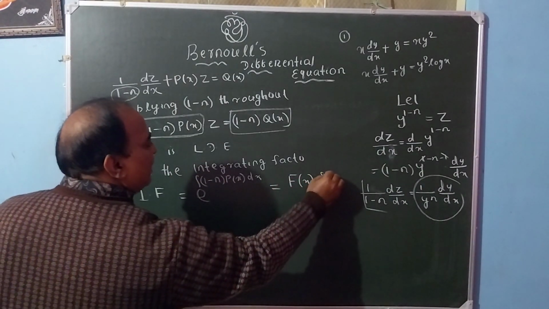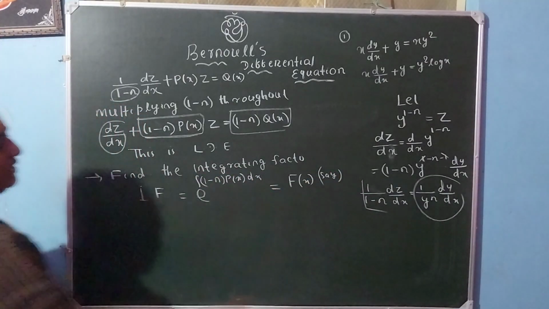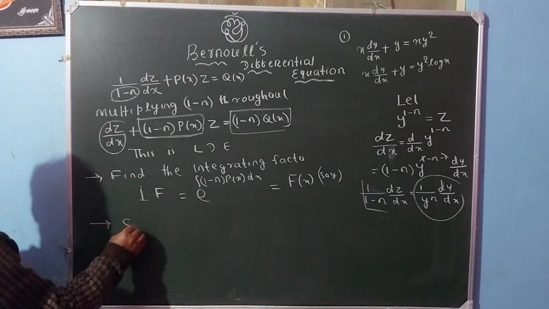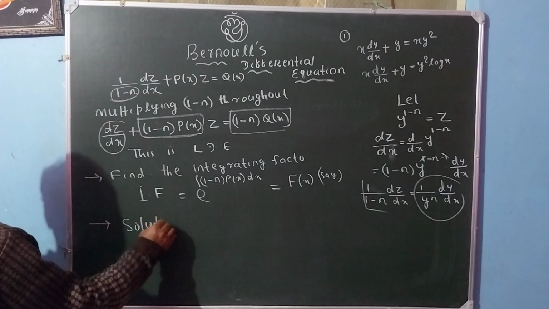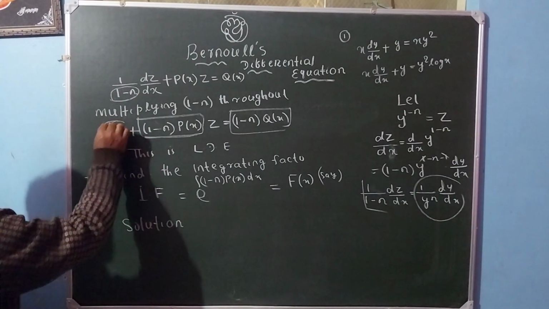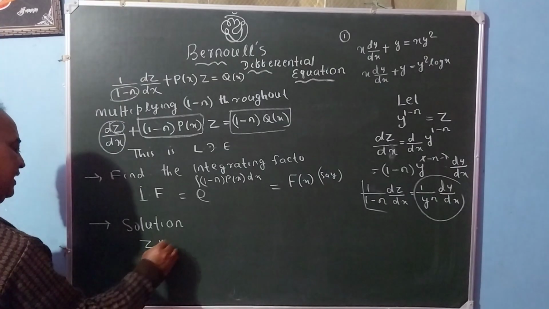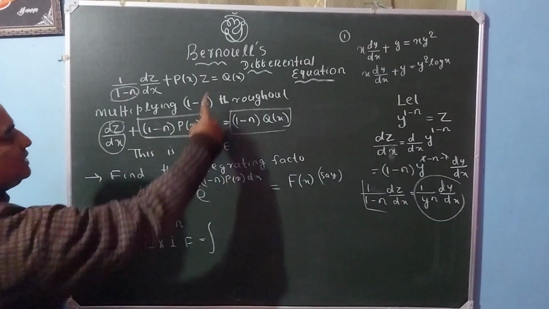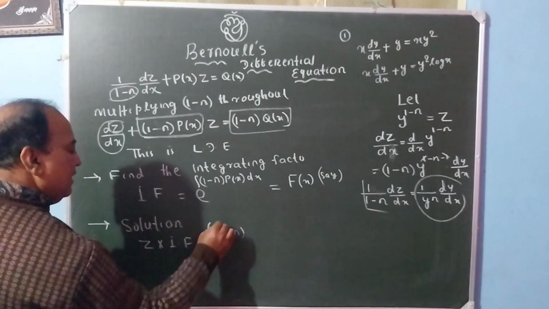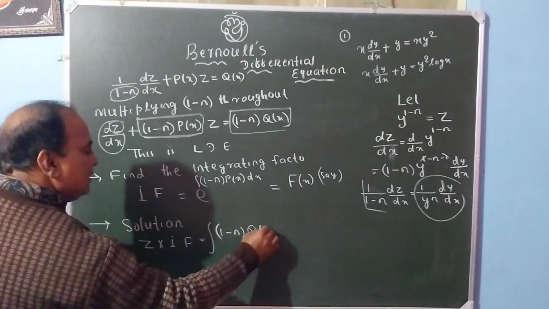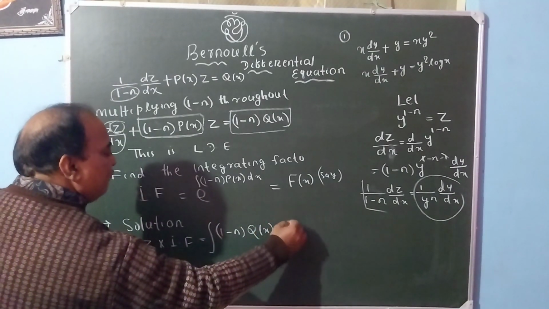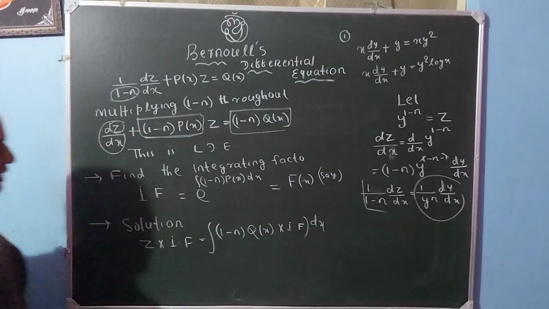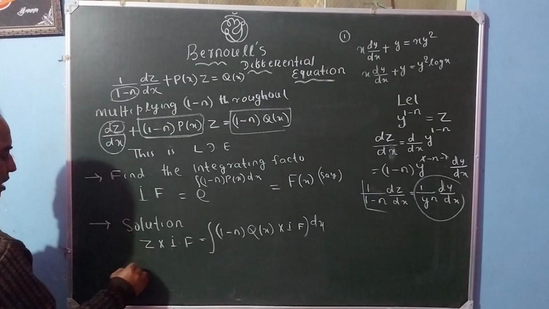Then the solution: write down the solution. z into integrating factor is equal to integral of (1 minus n) into q(x) into integrating factor, whole into dx. The integrating factor is f(x).